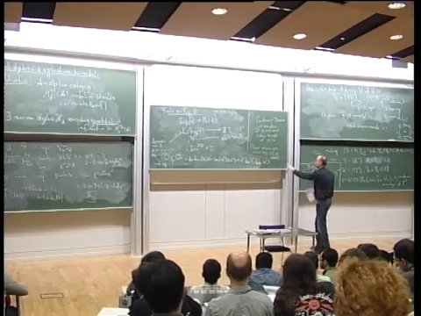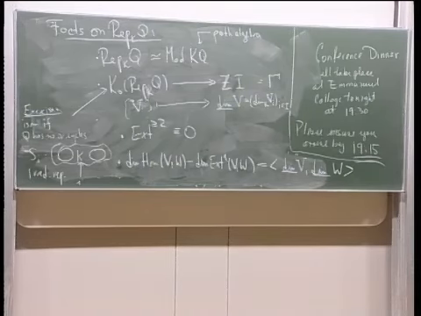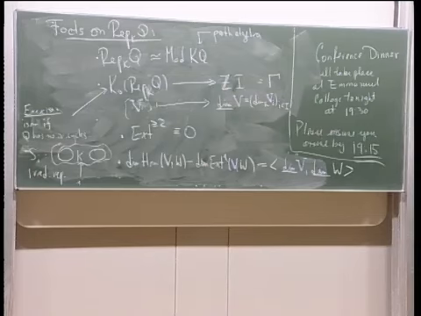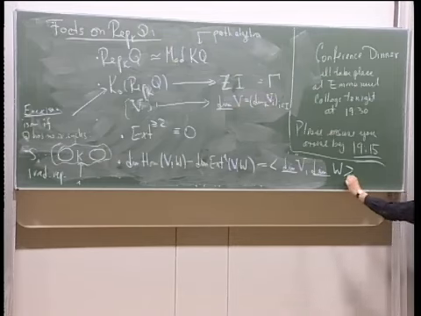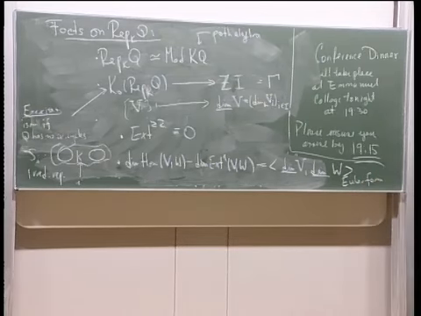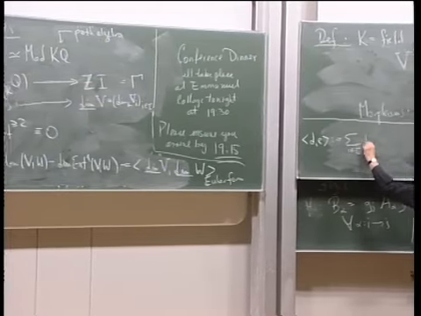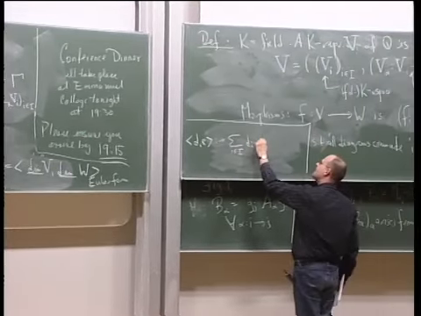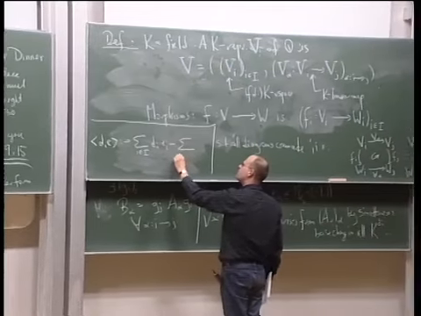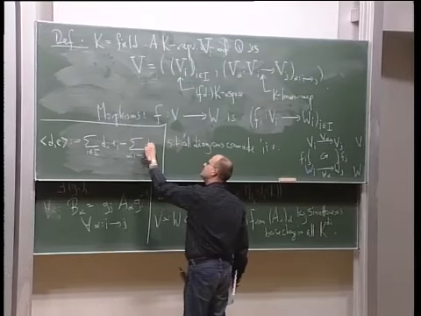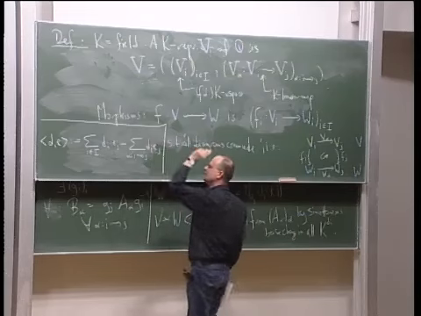And now I have to tell you what this cute bracket means. The bracket (d,e), this Euler form, is defined as the sum over all the vertices of d_i times e_i, minus the sum over all the arrows from i to j of d_i e_j.